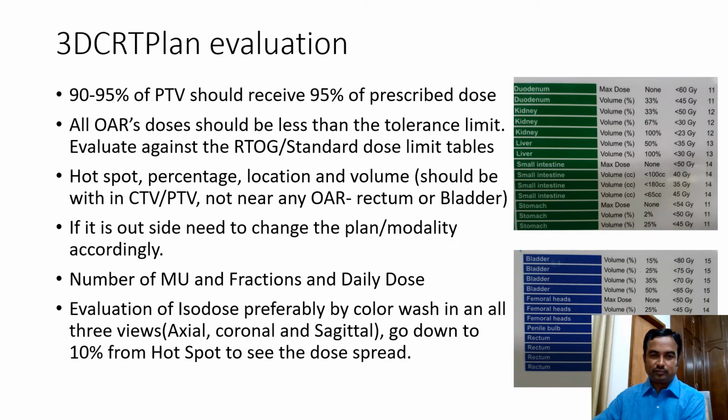And if there is a hotspot in an undesirable area, we may change the plan or we have to think of changing the modality. We also have to look into the monitor units and the isodose lines in all three slices, and we can go down even to 10% of the prescription dose to see how the low dose has spread.